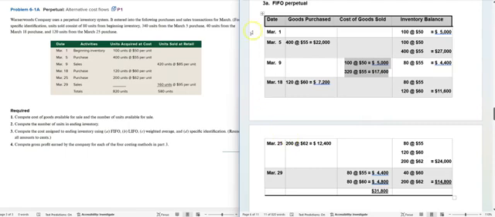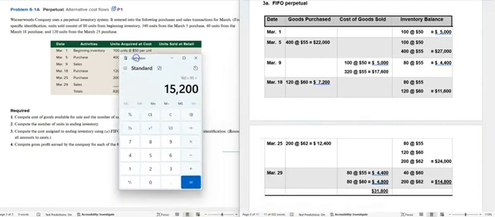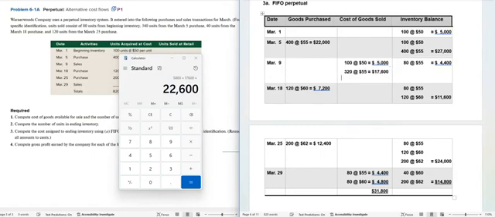So the total cost I'm going to assign to my units sold is going to be $5,000 plus another $17,600. Total cost of goods sold that I'm going to assign is going to be $22,600.